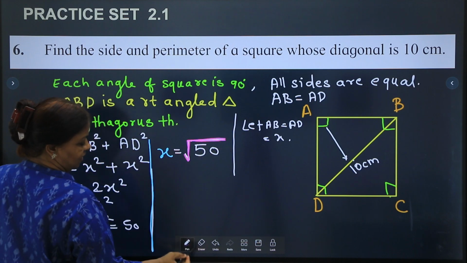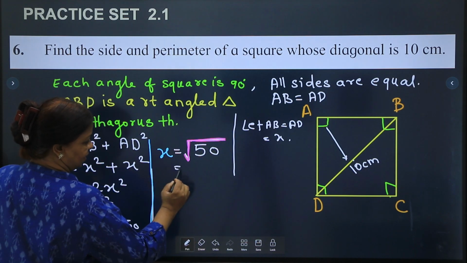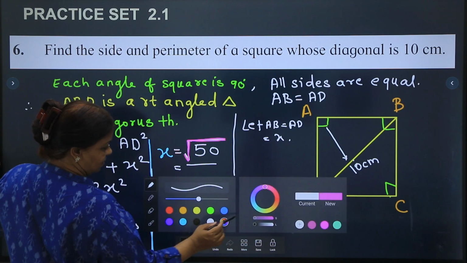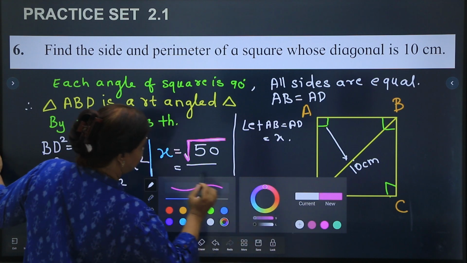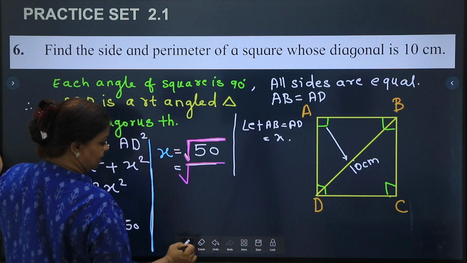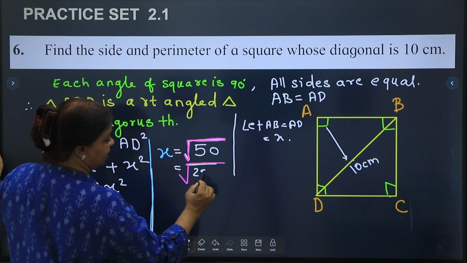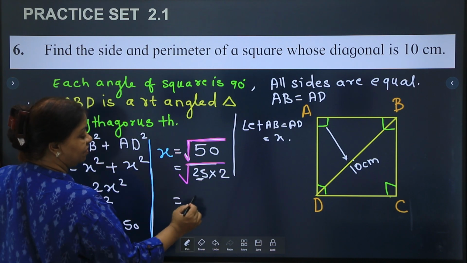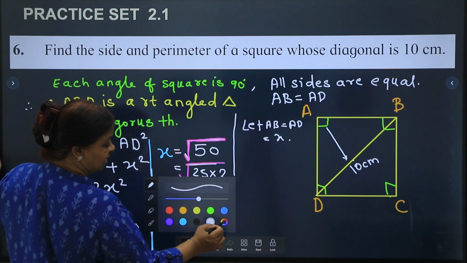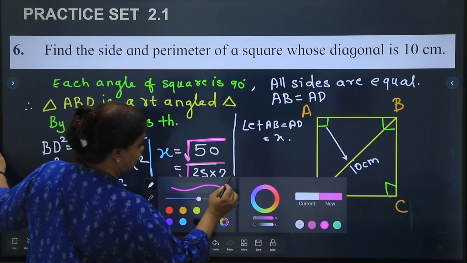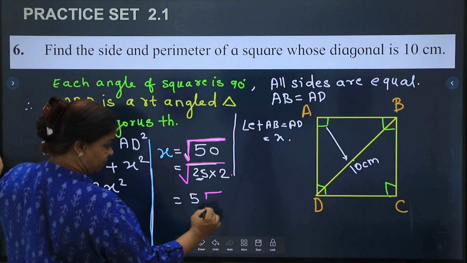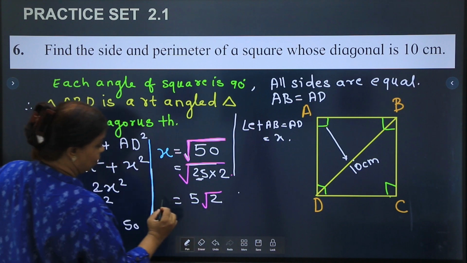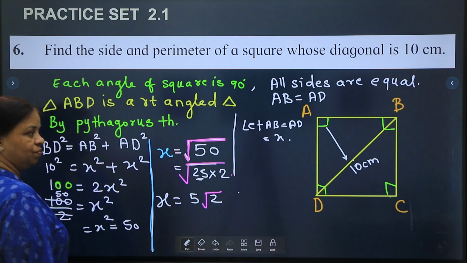Then it can be written as 25 into 2, and square root of 25 is 5, which can come out as 5, and inside the root will remain 2. So x value is 5 root 2.